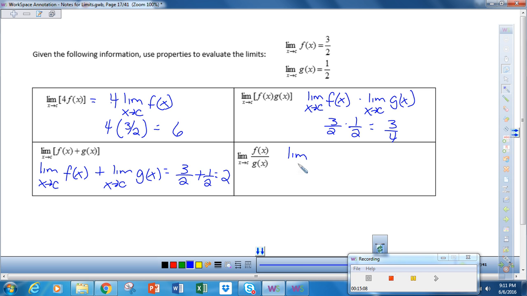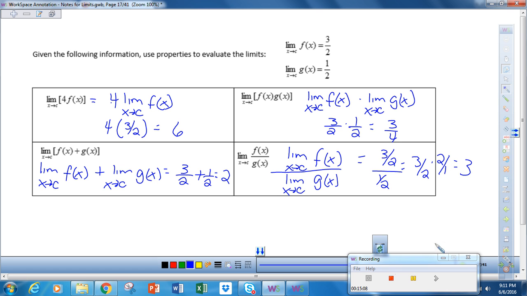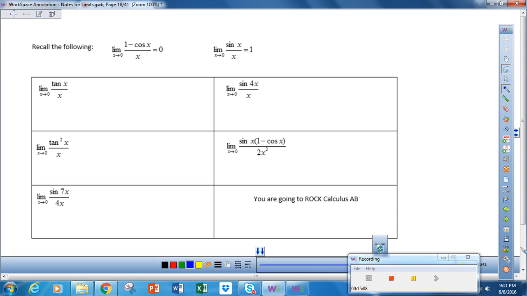The limit of f of x divided by the limit of g of x is going to be 3/2 divided by 1/2, which is 3/2 times 2 over 1, which is 3. Yay! So simple.